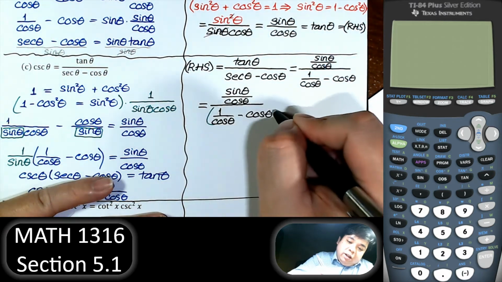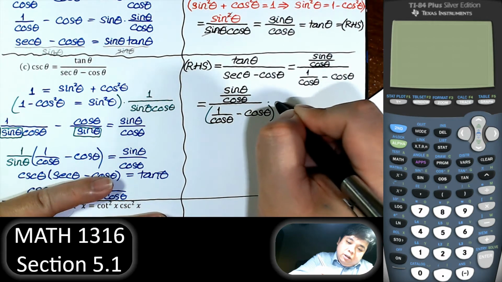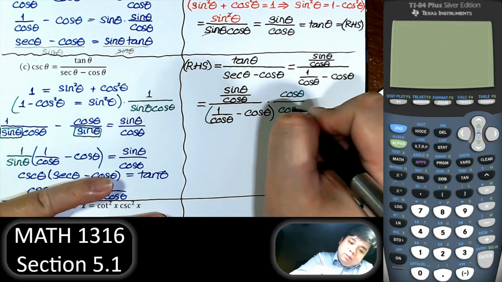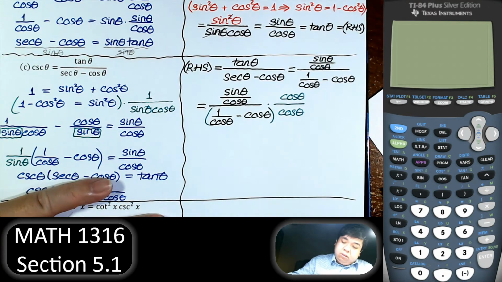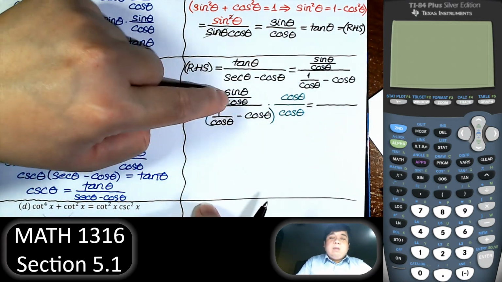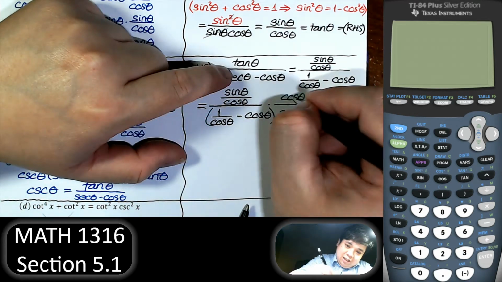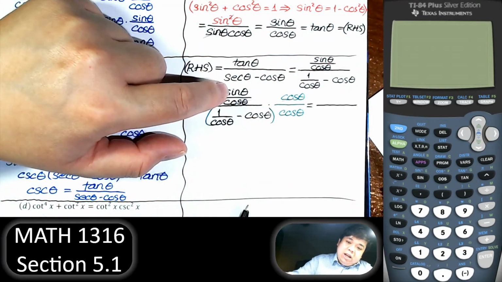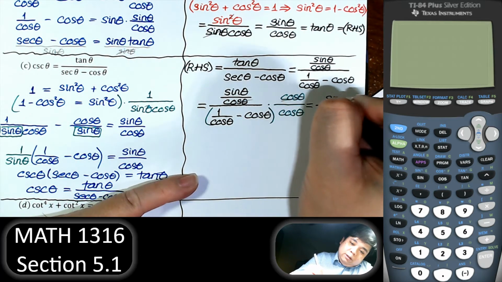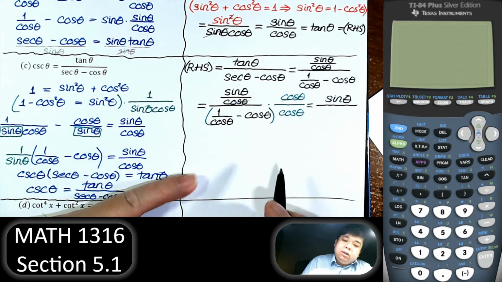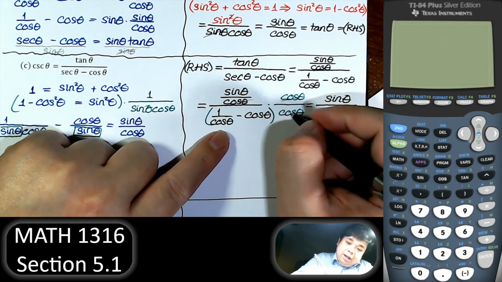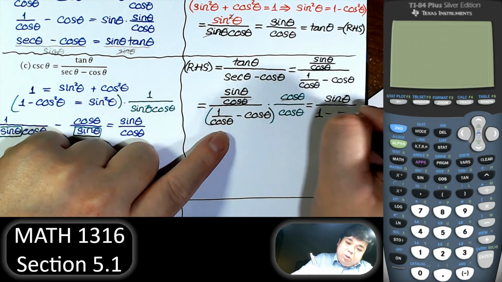Now we multiply everything by cosine. Cosine times cosine cancel out, and then we just have sine on the top. At the bottom, cosine times cosine cancel out, we have 1, and then cosine times cosine is cosine square.